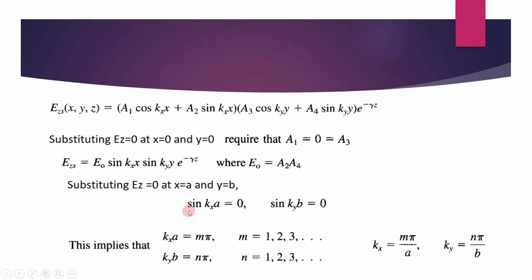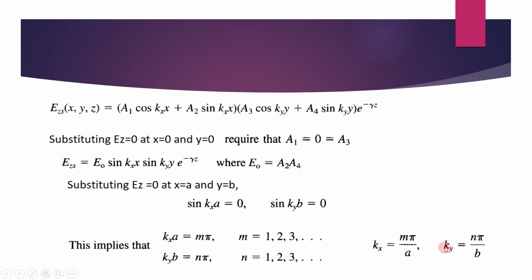You get sin kx a should be 0 and sin ky b should be 0. For that, kx a should be m pi and ky b should be n pi. So you get kx as m pi by a and ky as n pi by b. These are very important equations.